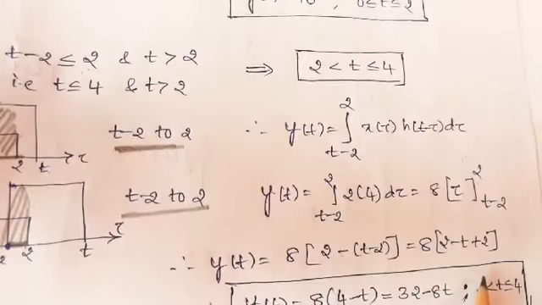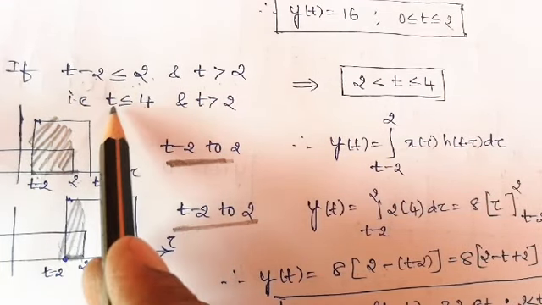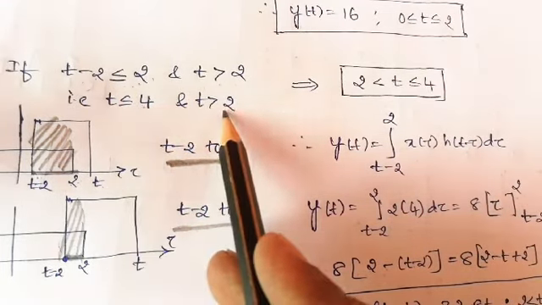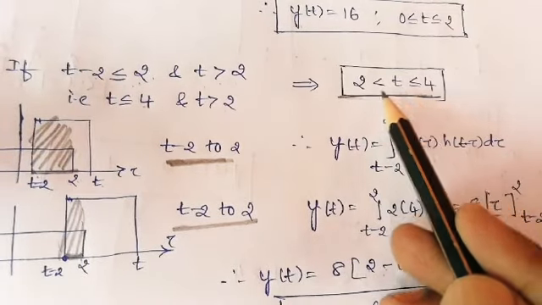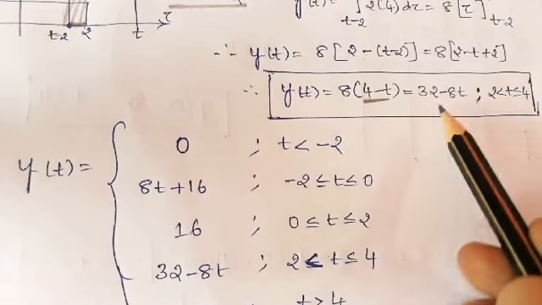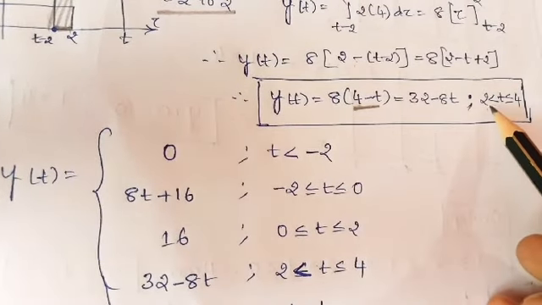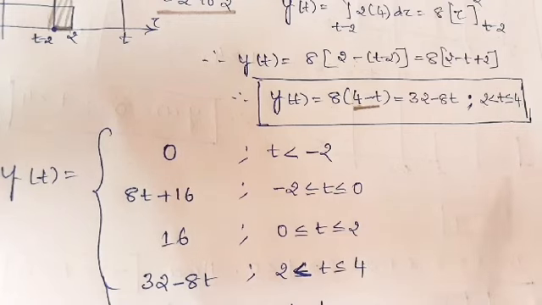If you take the terms to the other side, t is less than or equal to 4 and greater than 2. So in short, the value of t lies between 2 to 4. Hence we have 32 minus 8t for the time duration 2 to 4. So this is the overlap case. This much only we are getting as overlap cases.